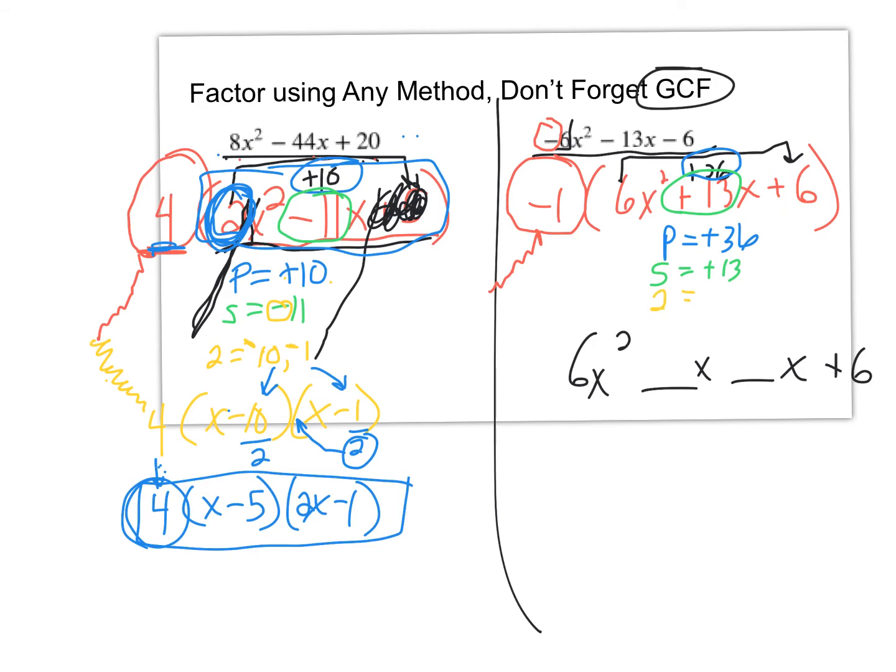All right, two numbers that multiply to 36 but add to 13 are 9 and 4. My signs both positive. So plus 9 plus 4.